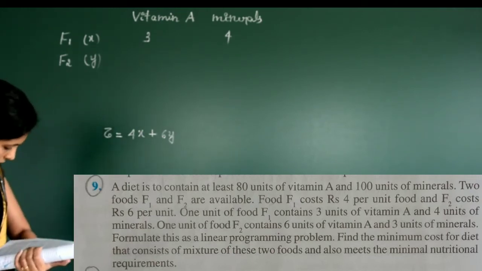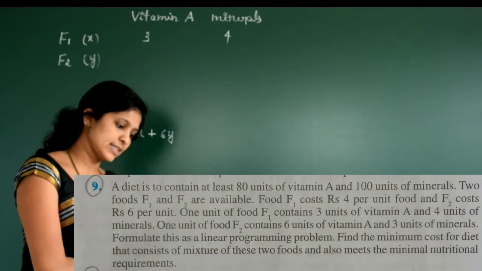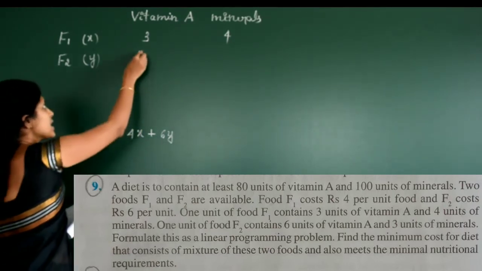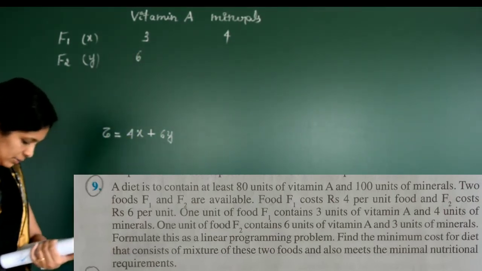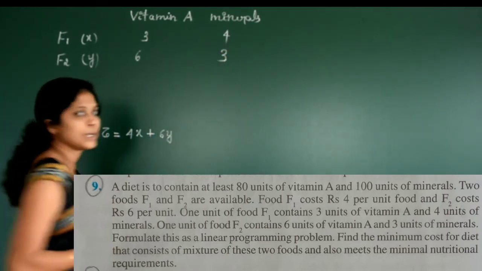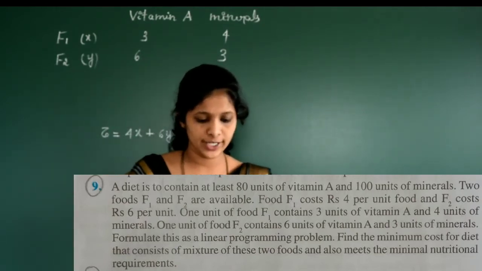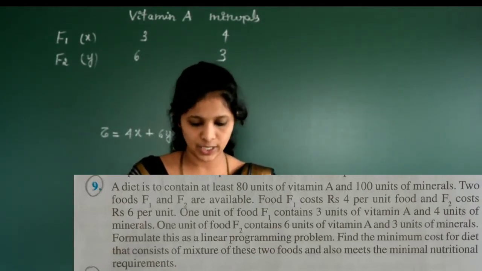Is it clear? And next, what is given? 1 unit of food F2 contains 6 units of vitamin A and 3 units of minerals. Now what you have to find? Formulate this as a linear programming problem.